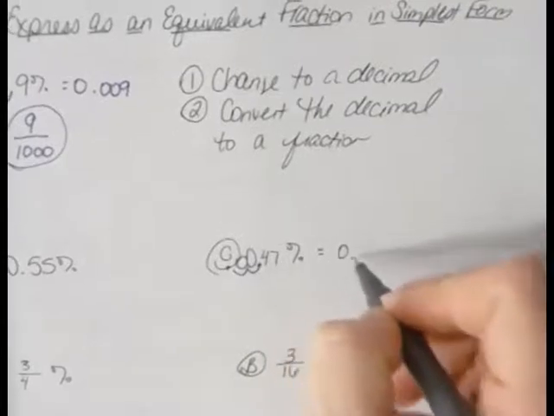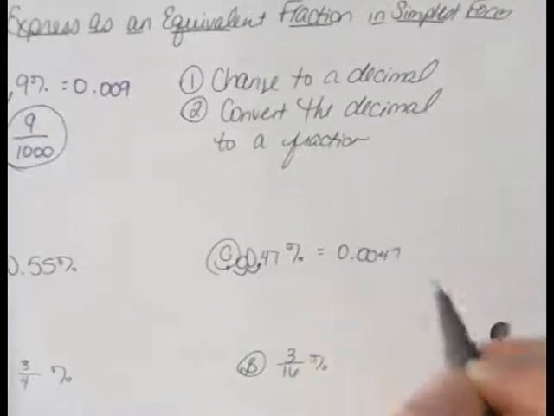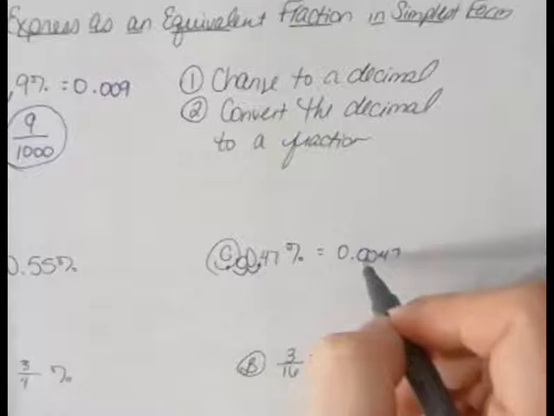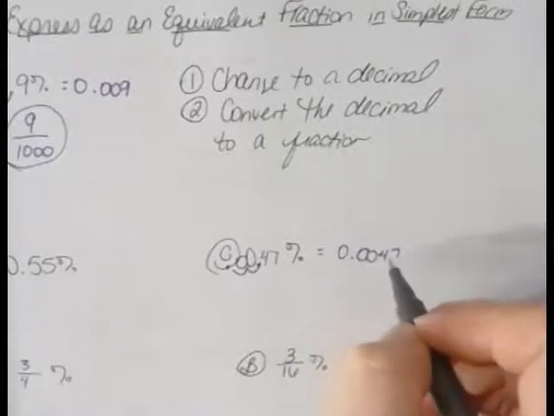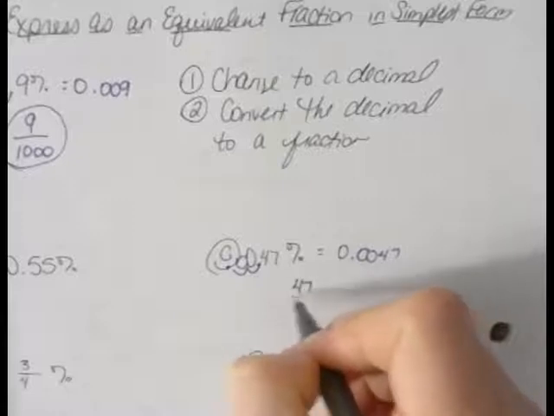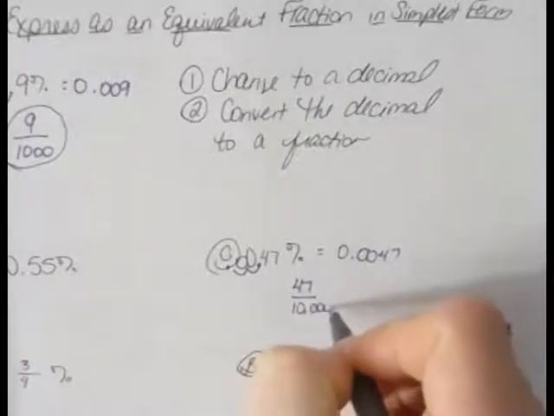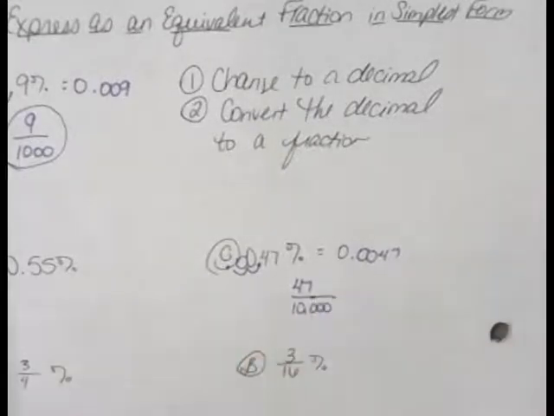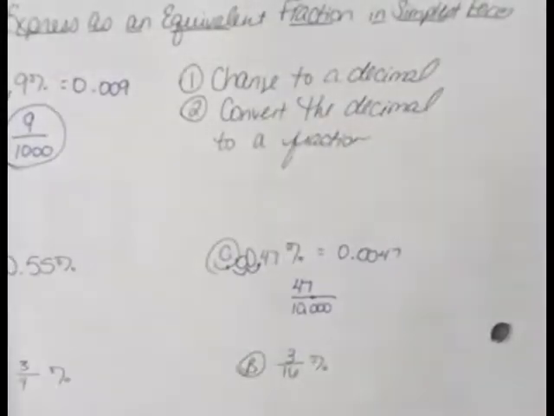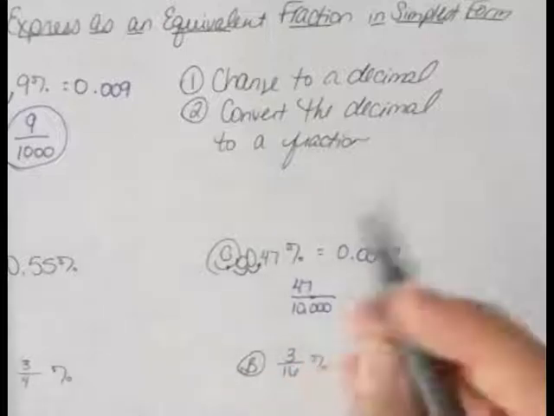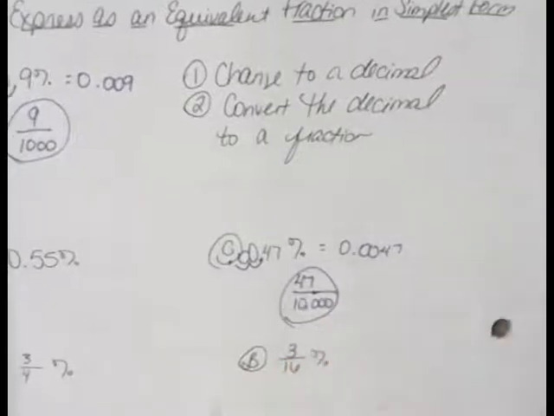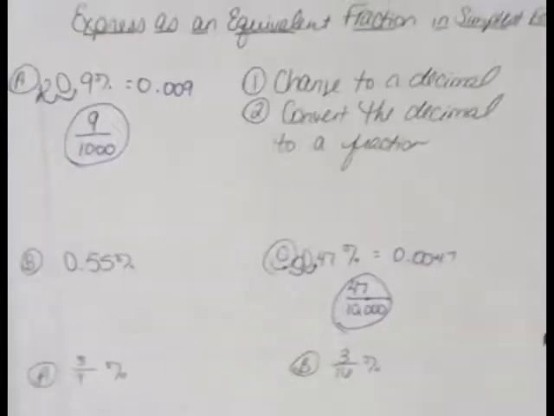So this is 0.0047. This is in our tenths, hundredths, thousandths, 10,000ths place. So we're going to put 47 over 10,000. And we check again, is 47 divisible by 2, 5, or 10? It's not even. It does not end in a 5 or a 0. So that is our final answer.